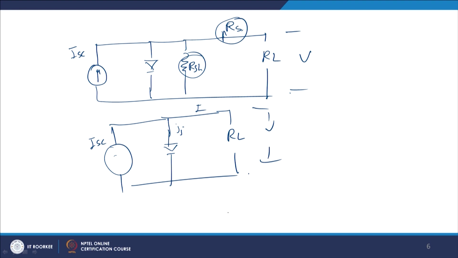Now, if you look at the characteristics of the PV cell, because for any device we use, we have to be familiar with the characteristic of the device as well.